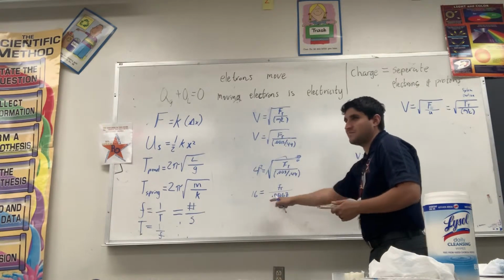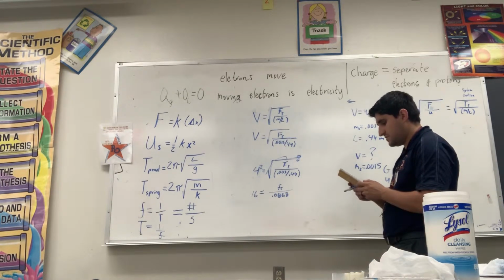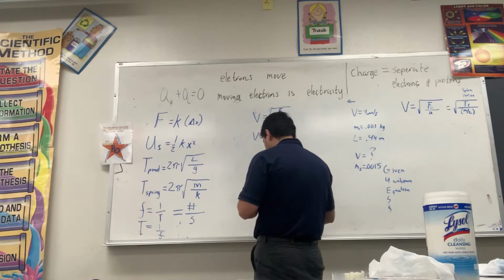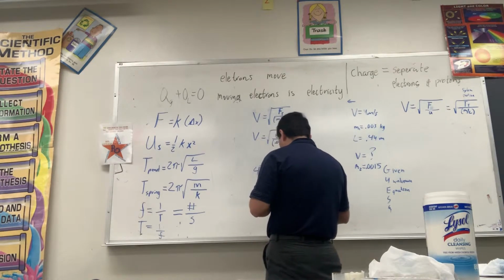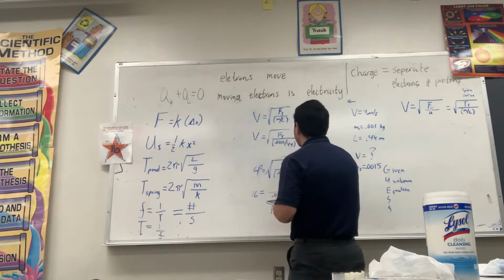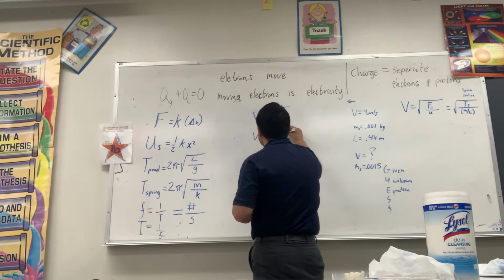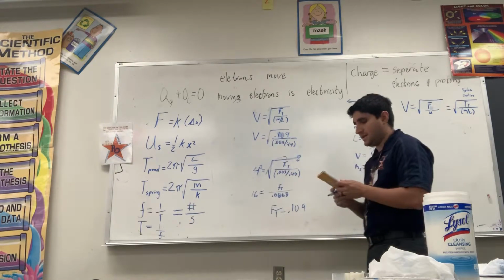So then I can multiply by 16 to cancel out, and my tension ends up being 0.109, and now I can plug that up here and do it in a calculator.